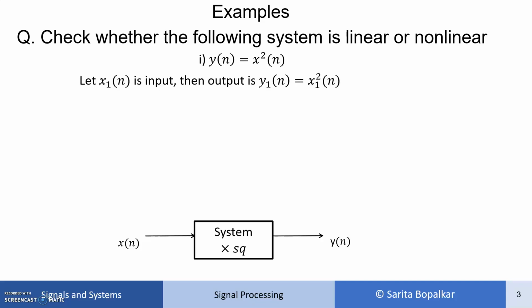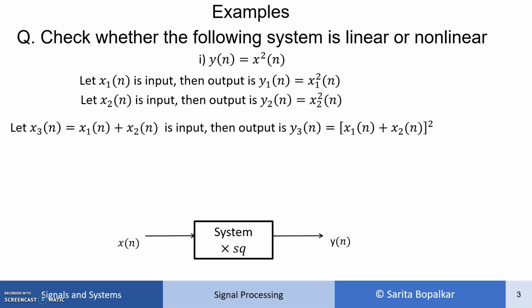We'll take x1(n) as an input. At that time, y1(n) is the square of x1(n). Whatever the input, it will square its amplitude. Similarly, x2(n) is the input, and the output y2(n) is x2²(n). Now, we'll add x1(n) and x2(n) and give it as an input to our system.